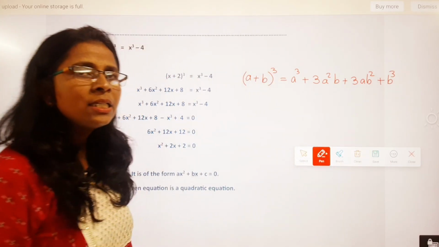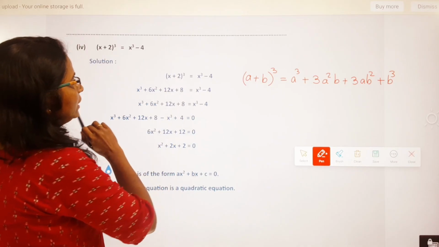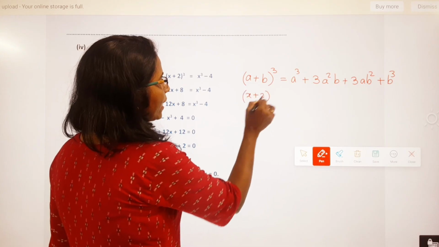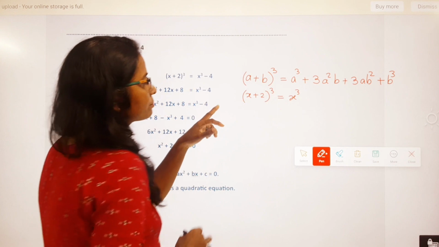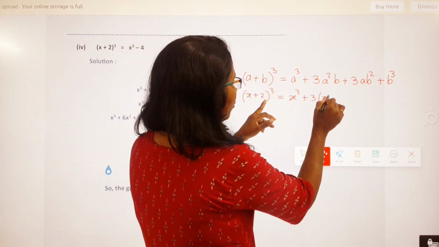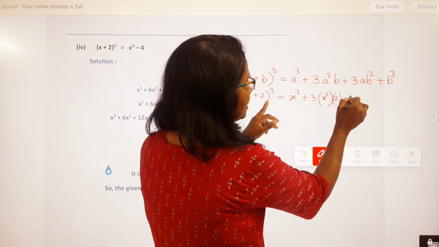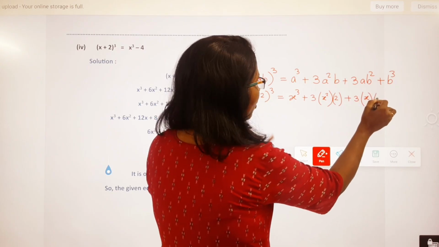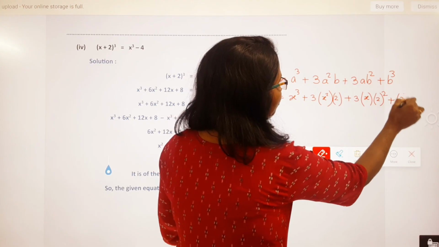In this way we get the expansion of (x plus 2) cube. (x plus 2) whole cube is equal to the cube of the first term, plus 3 times the square of the first term times the second, plus 3 multiplied by x multiplied by the square of 2, and plus the cube of 2.